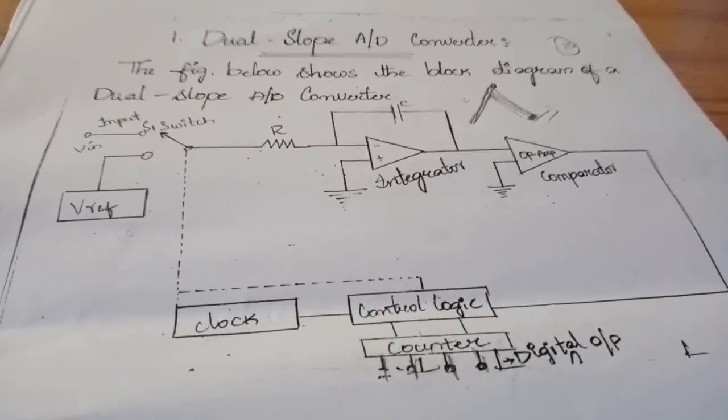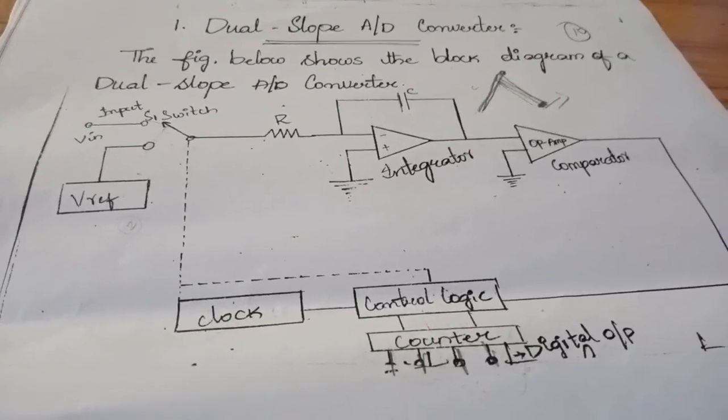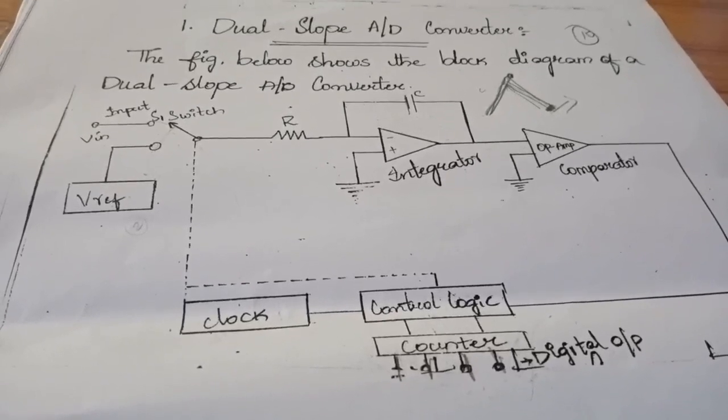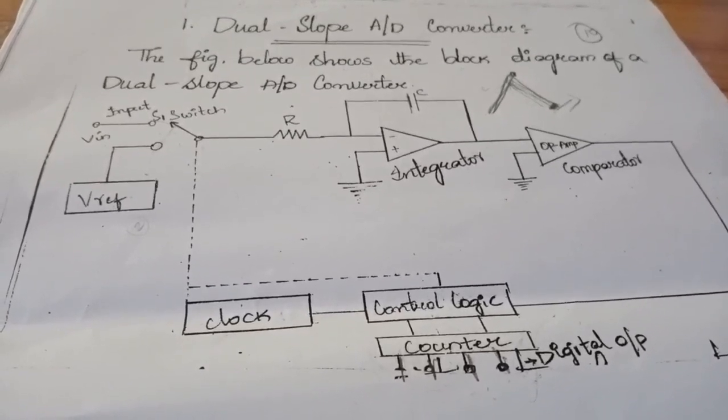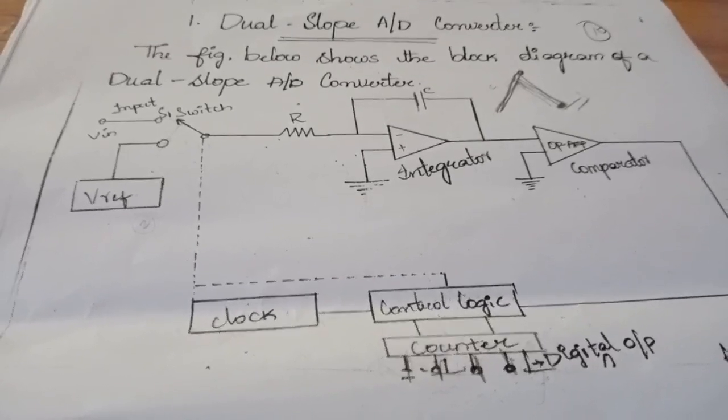Okay, so what we have studied in the dual slope A to D converter is that it consists of different blocks: switch, integrator, comparator, clock, control logic, counter. The operation starts with the switch. Presently the switch is connected to Vin.